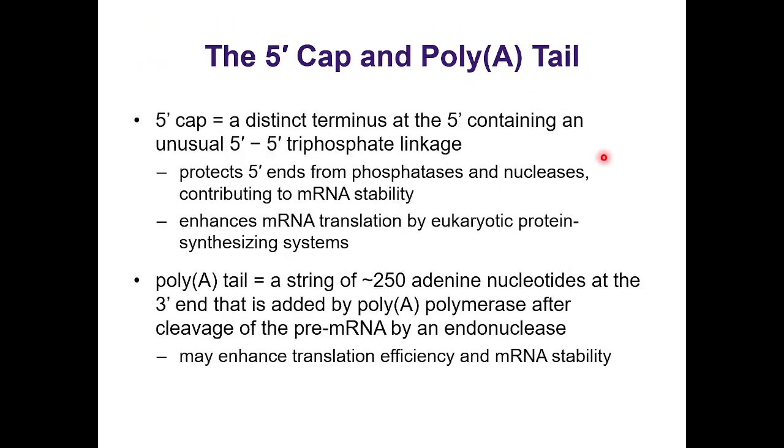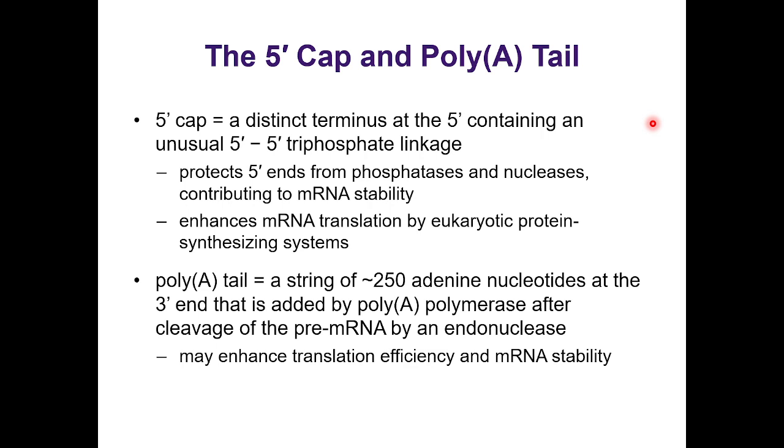So the 5' cap, remember that cap, head, right? Lead. Tail is the ending, right? So this is going to be a distinct terminus at the 5' end. This is going to contain an unusual 5' to 5' triphosphate linkage.